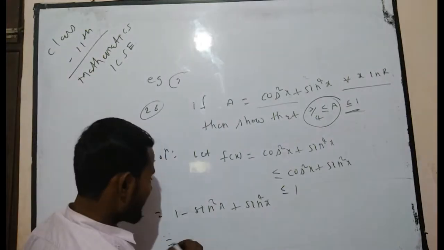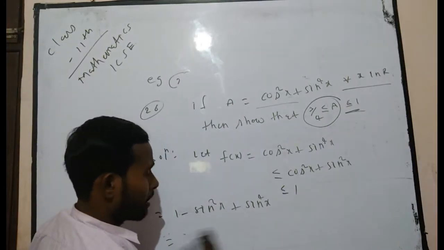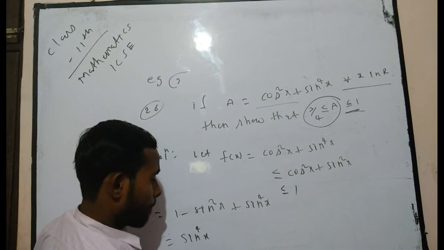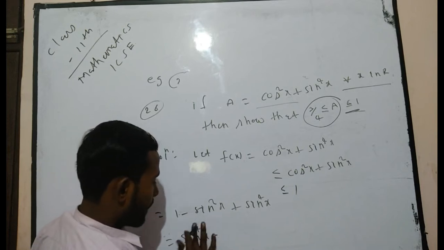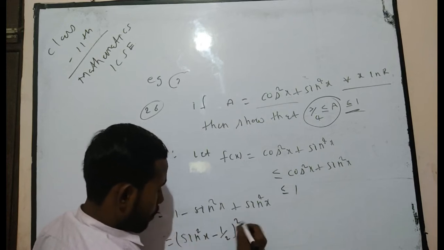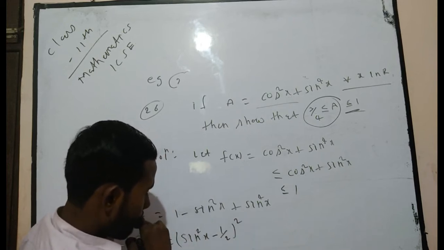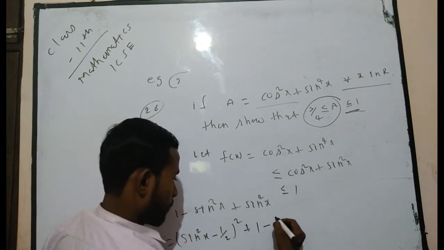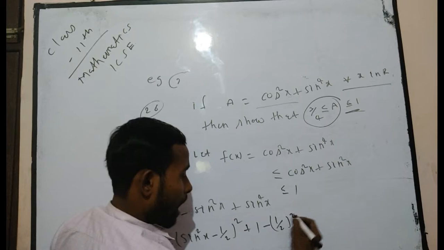Now, can you write it as 1 minus, firstly write it on the left, sin x whole to the power 4 minus, that means you can write it as (sin square x minus half) whole square plus 1 minus (1 upon 2) whole square. How can you see?